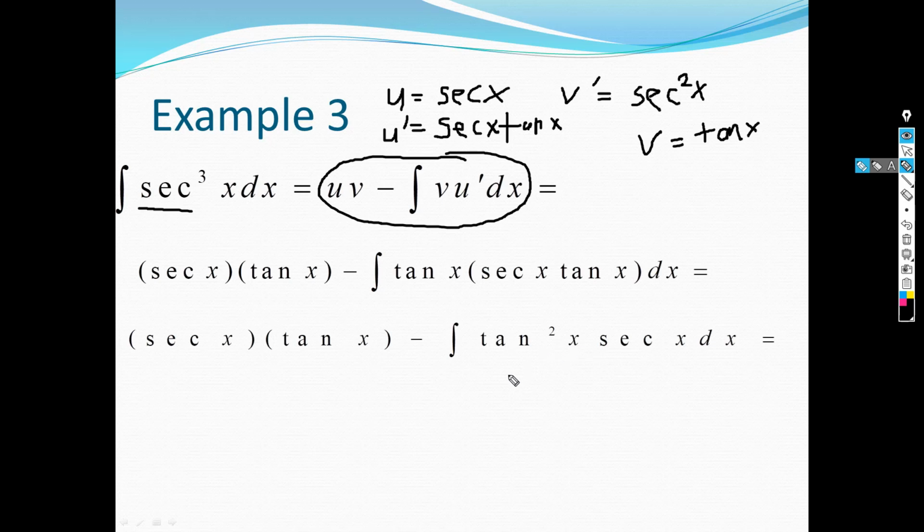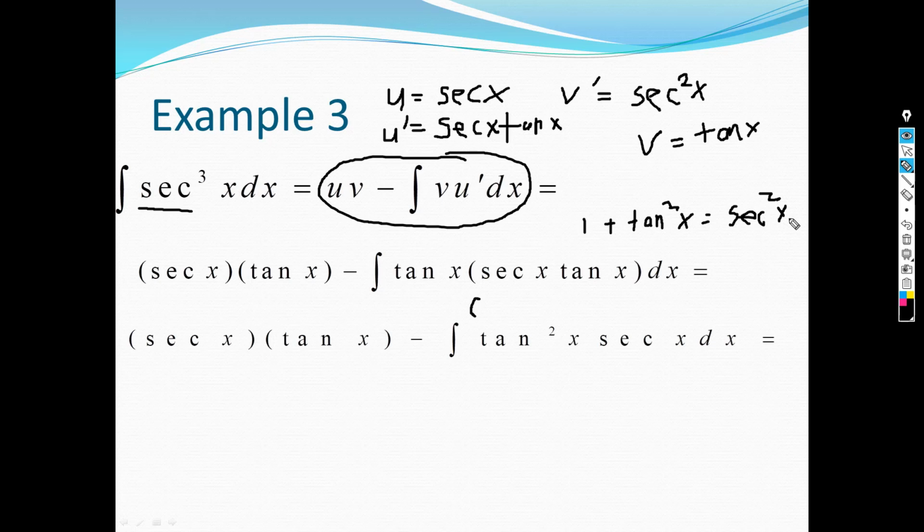So remember though that tangent squared x is, well, first of all, this is one of your Pythagorean identities from trig: 1 plus tangent squared x is equal to secant squared x.